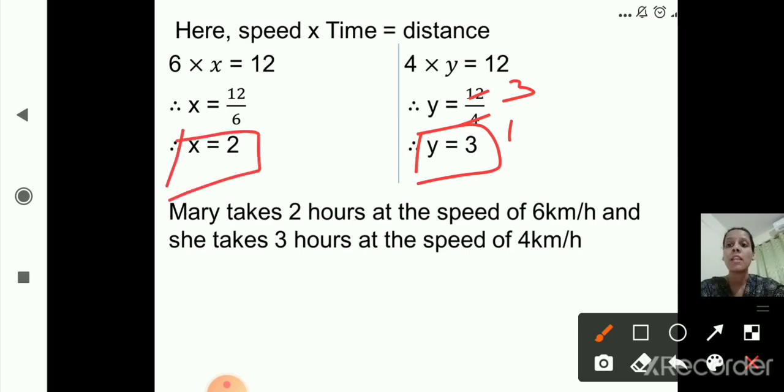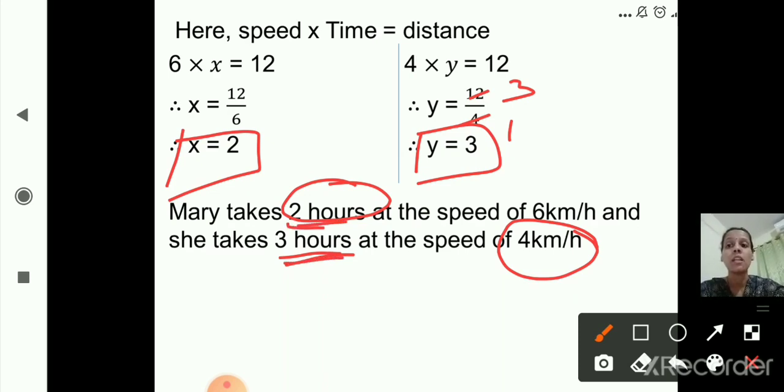Mary takes 2 hours at the speed of 6 km per hour and she takes 3 hours at the speed of 4 km per hour. So how much time does she require if the speed is 6 km per hour? 2 hours. And if the speed is 4 km per hour, then she requires 3 hours. So here also you can see, as the speed decreases, the number of hours increases.